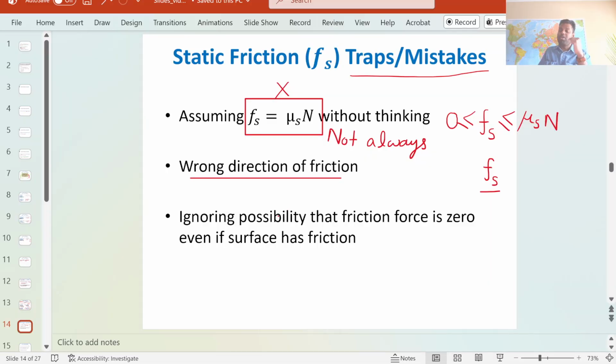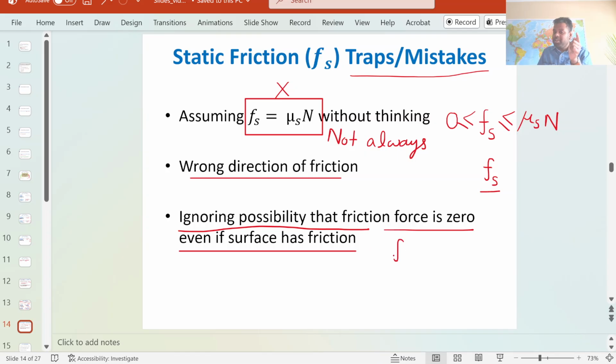Wrong direction of friction. We will talk about another problem after this, and you will see how the direction of friction can switch. And ignoring the possibility that friction force is 0 even if the surface has friction.